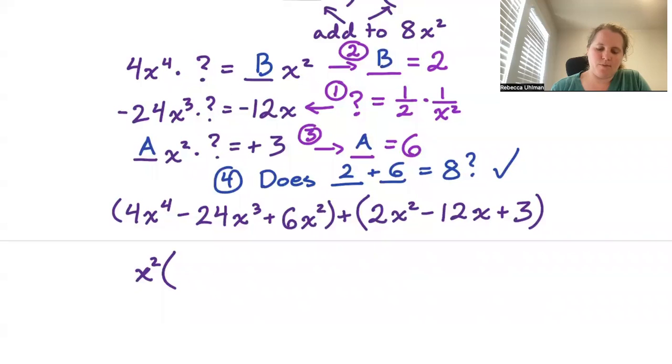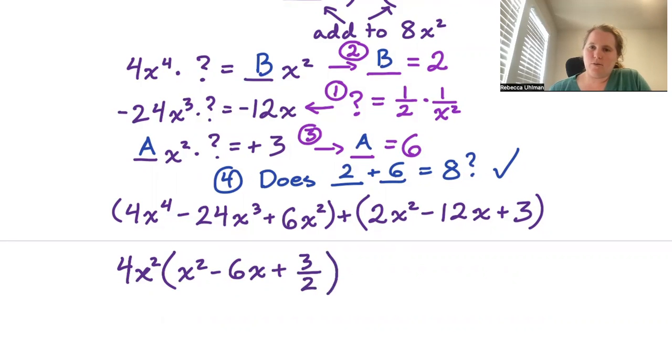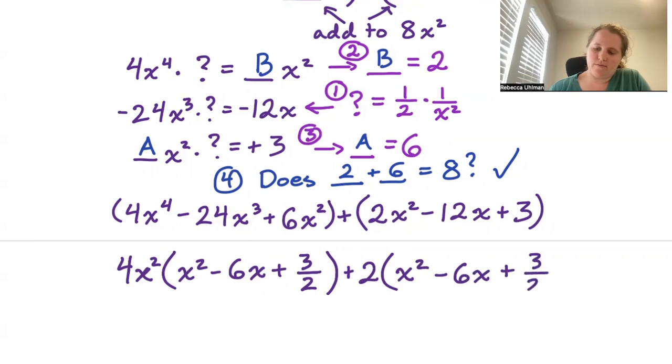No, sorry, I am going to aim for a 1 in front. Pull out a 4x squared, we are left with x squared minus 6x plus 3/2. If I pull out a 2 from the remaining one, we have 2 times x squared minus 6x plus 3/2.